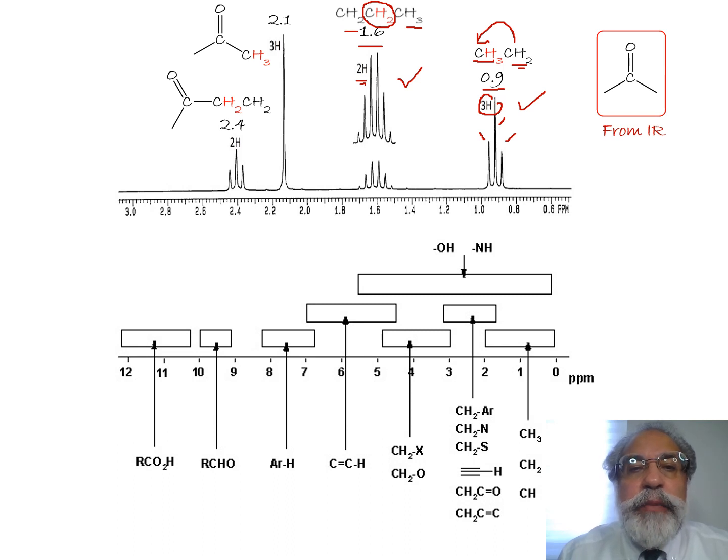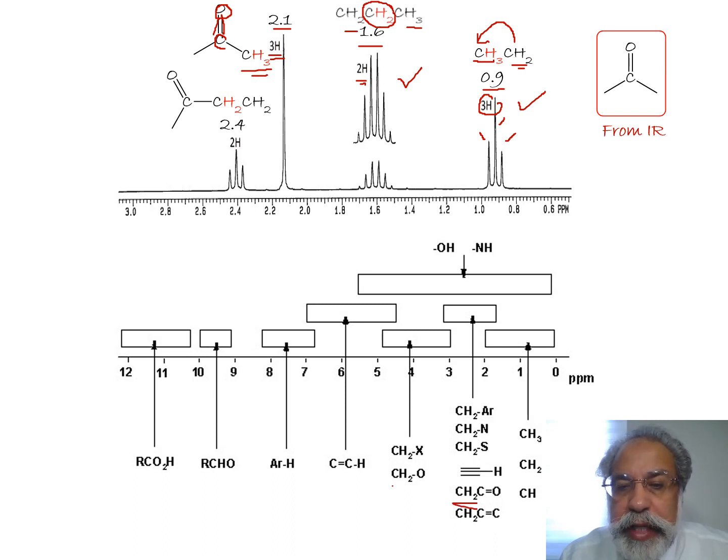We have another fragment at 2.1, 3 protons, meaning that we have CH3, and then we have spin inactive nuclei adjacent to it, carbon 12 here, and C double bond O. The CH3 will appear as a singlet, 3 protons at 2.1.